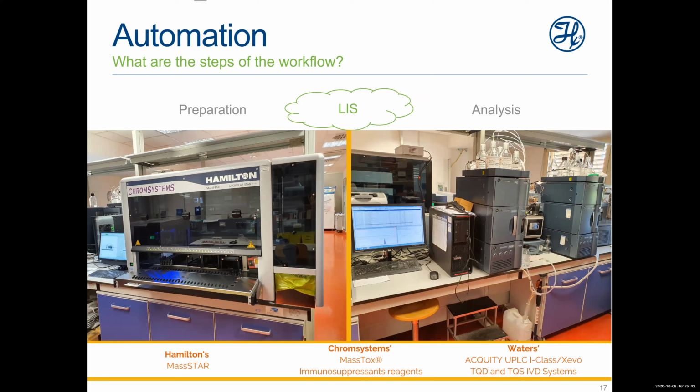So no operator needs to enter any data, improving the quality of the process. And then the HPLC system can do its analysis. And once the analysis is completed, the operator has to do the report of the data.